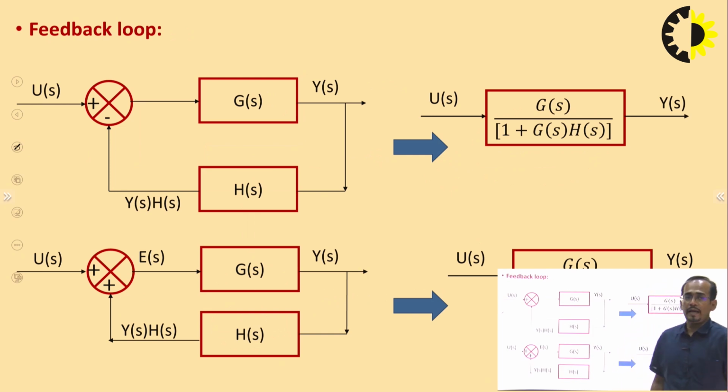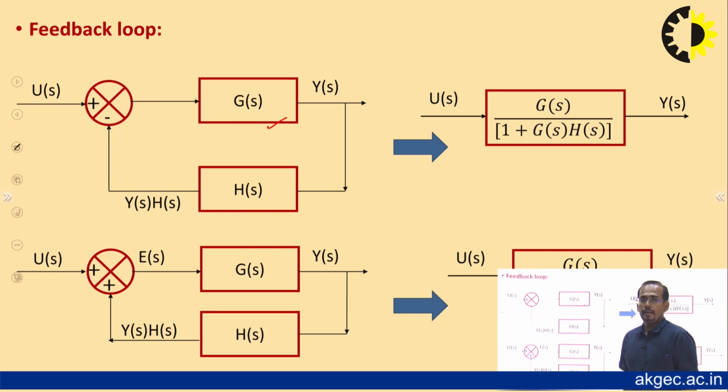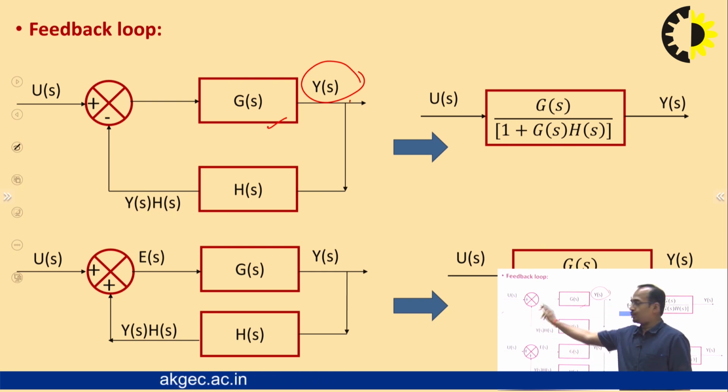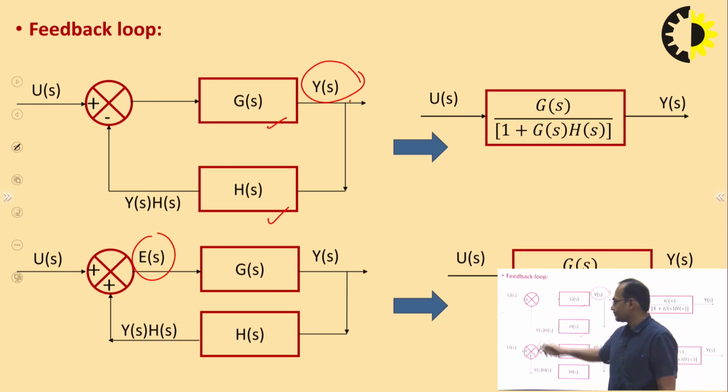Next is the feedback loop. Here G(s) is the forward path gain and H(s) is the feedback path gain. You can see that Y(s) is the output. This Y(s) is connected to the input U(s) via feedback H(s). So, what will be the resultant output? This is the error signal E(s).